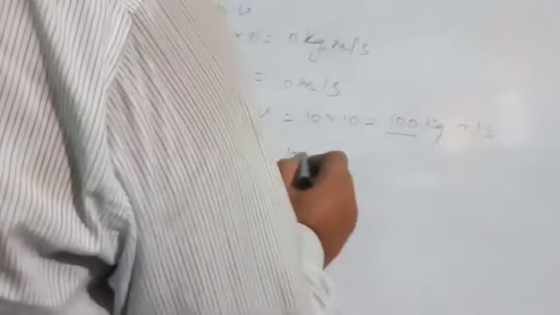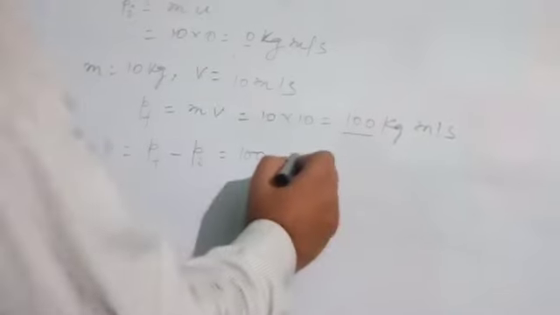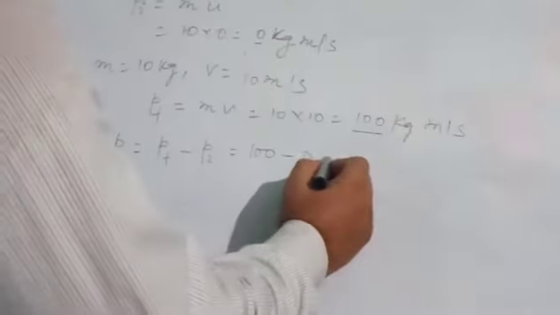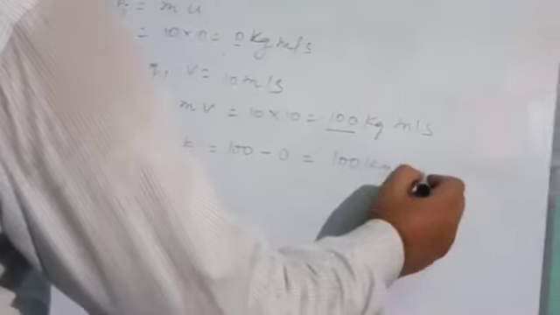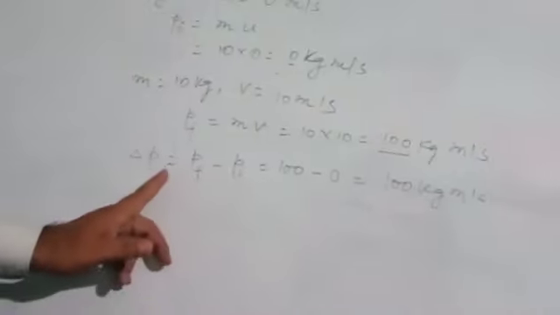Final momentum is 100 kg meter/second and initial momentum is 0 kg meter/second. Finally you get the answer: the change in momentum is 100 kg meter/second.